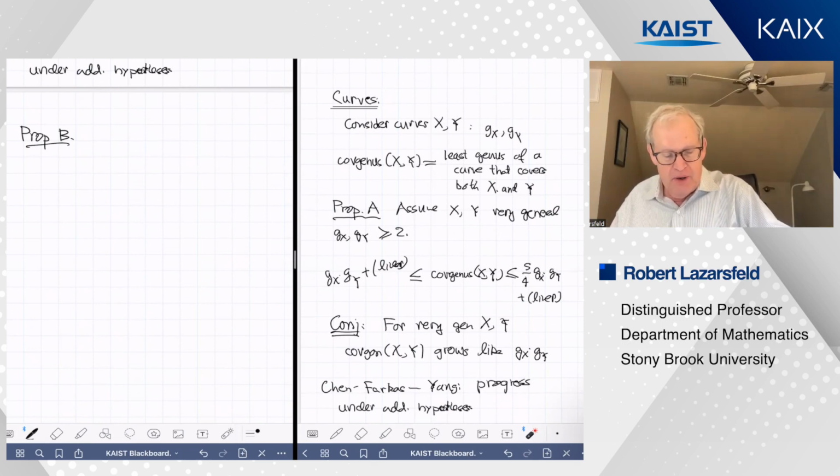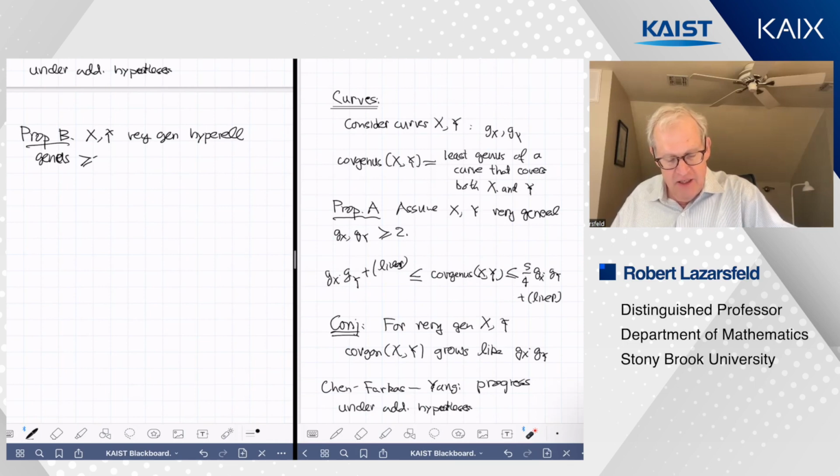So let's suppose that X and Y are very general hyperelliptic curves of genus at least 3, then the covering gonality is 4. The joint covering gonality is 4.